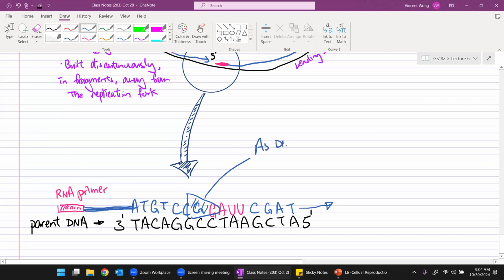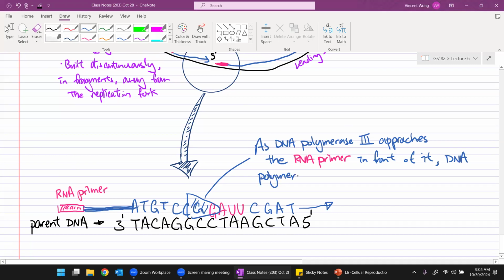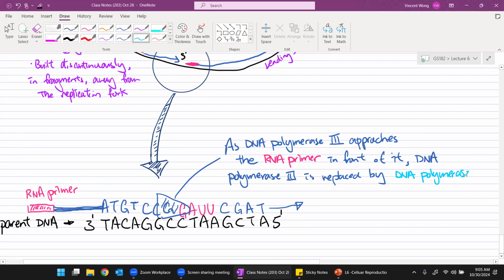So as DNA polymerase 3 approaches the RNA primer in front of it, it's replaced by DNA polymerase 1.